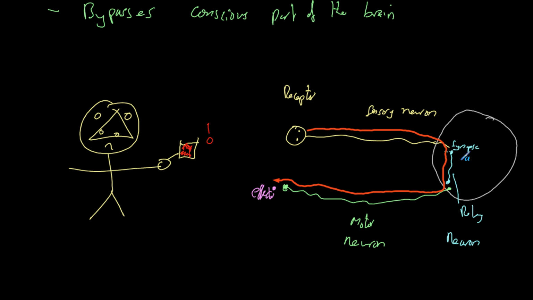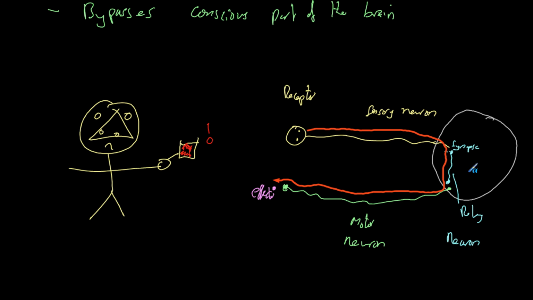Okay. Now, important to note is, let's say that the conscious part of your brain here has been bypassed. Your conscious part of your brain will still be informed, if you like, that this has gone on. So that's why you can still feel the pain after your hand has already moved. The point here is that the conscious part of your brain is not involved in making your hand move.